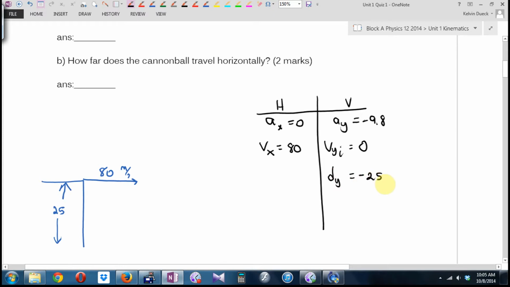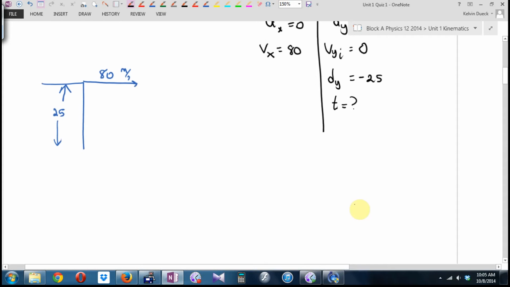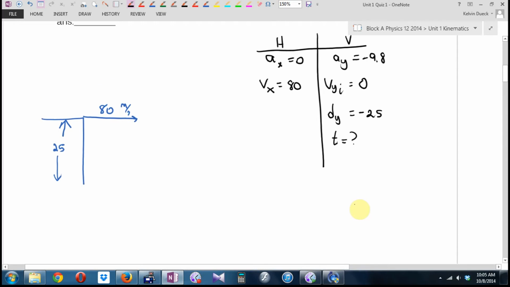of that. Well, it looks like I'm going to find time vertically. So I'm looking for an equation that has a, Vy initial, dy, and t in it. It's going to be this one.